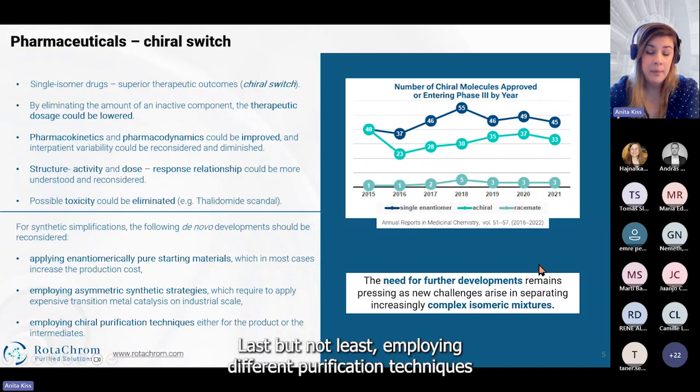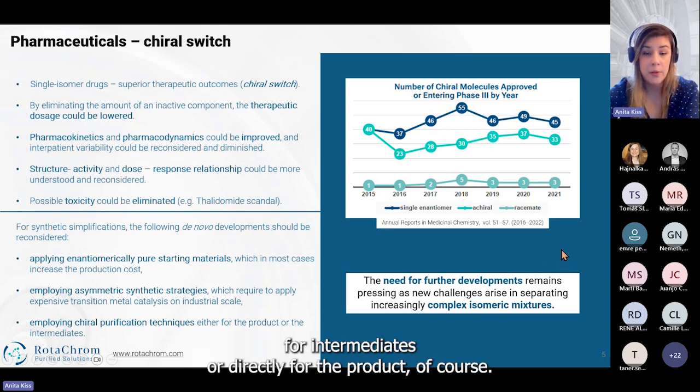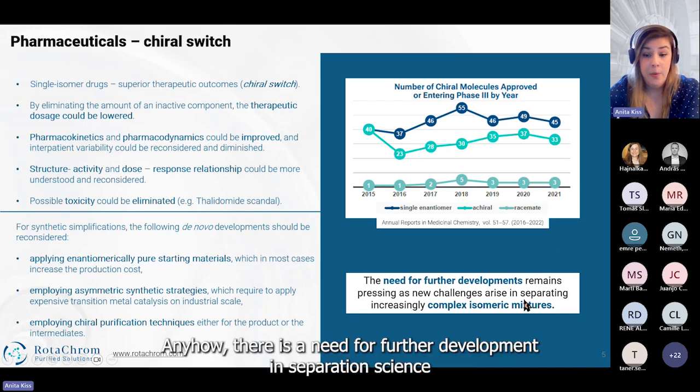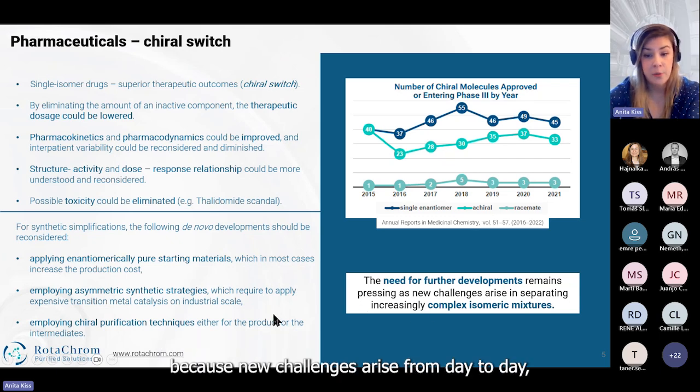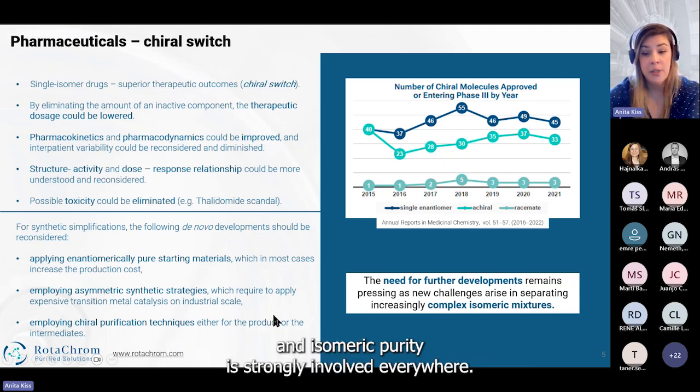And last but not least, employing different purification techniques for intermediates or directly for the product. Anyhow, there is a need for further development in separation science because new challenges arise from day to day, and isomeric purity is strongly involved everywhere.